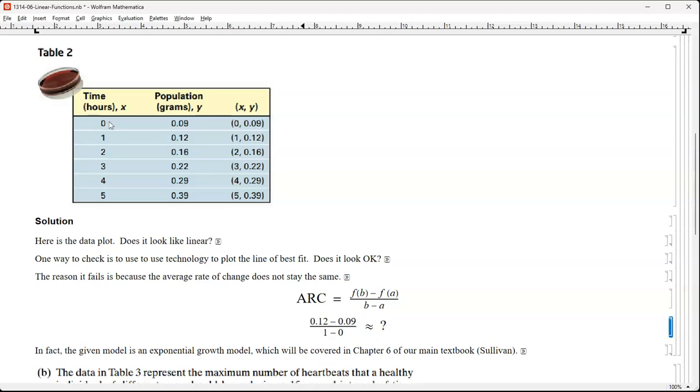So that's from the first hour, 0 to 1. And then how about the next, 1 to 2? The a and b values will change accordingly. So this will be 2 minus 1, and then in the numerator I'm going to get 0.16 minus 0.12. That's going to be the average rate of change from the first hour to the second hour.